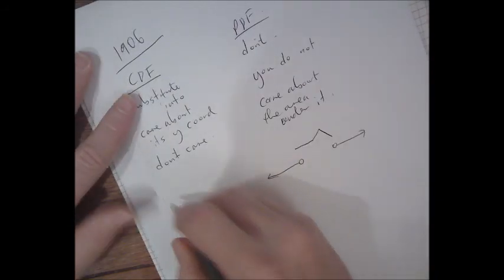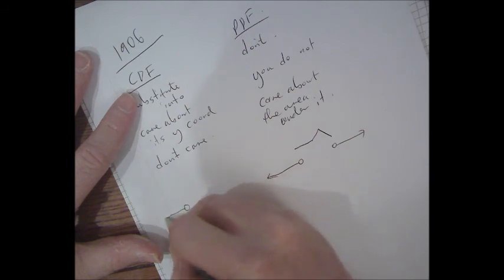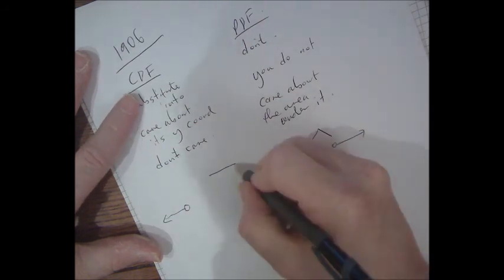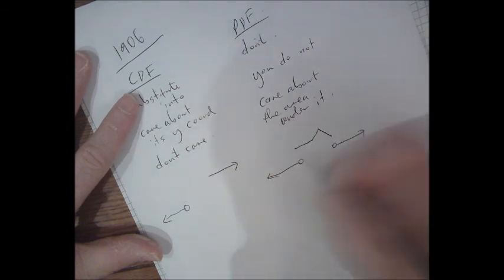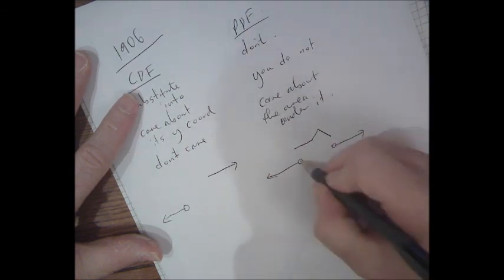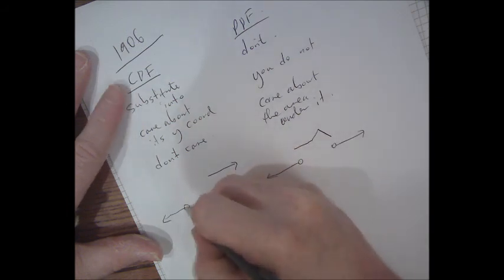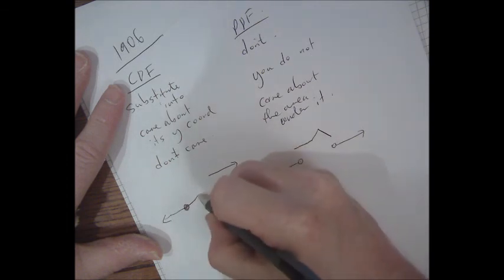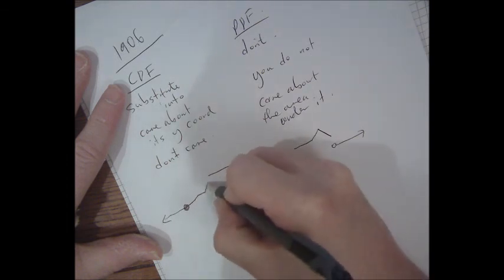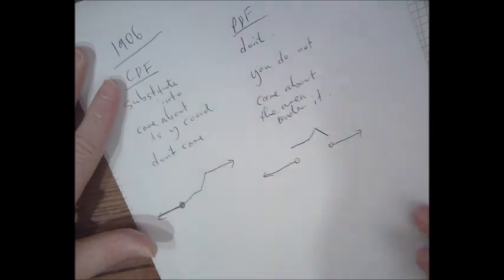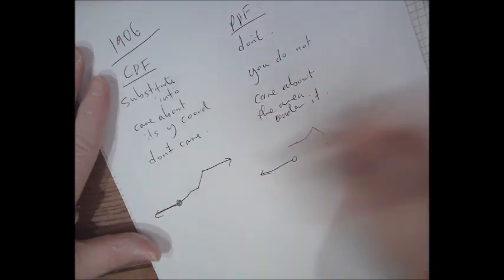A CDF is 0 out to the left and 1 out to the right, and it doesn't have these little unfilled in circles to indicate a jump in the graph, because a CDF must rise, or at least never fall, starting out at a height of 0 and ending up at a height of 1.